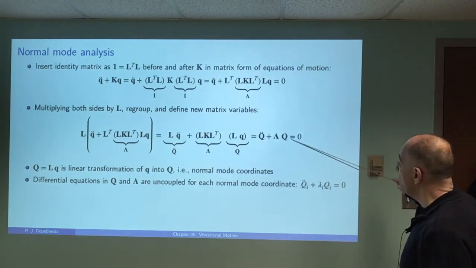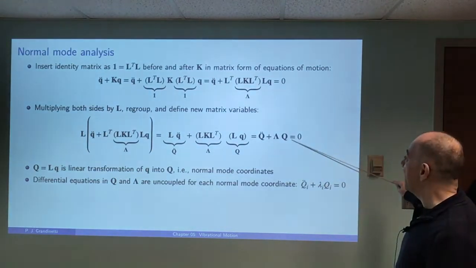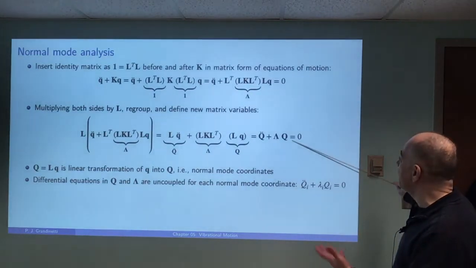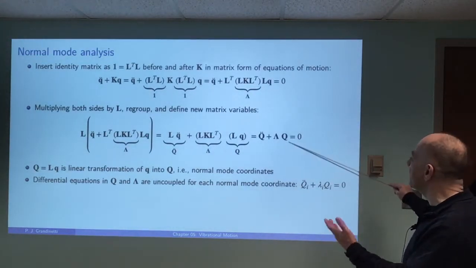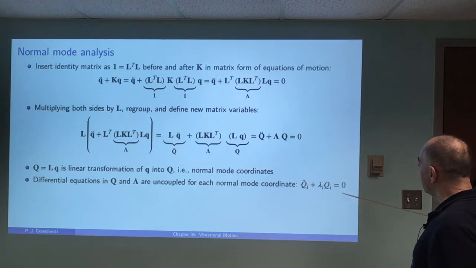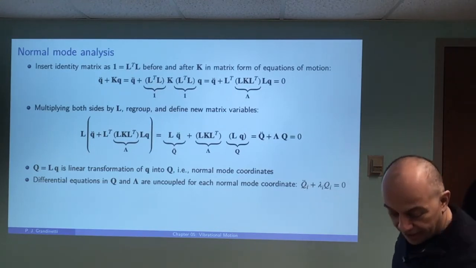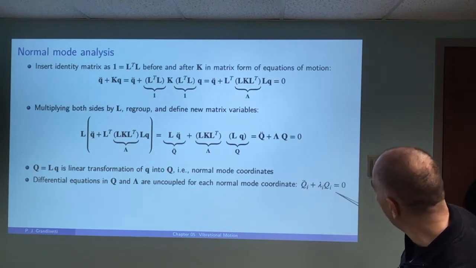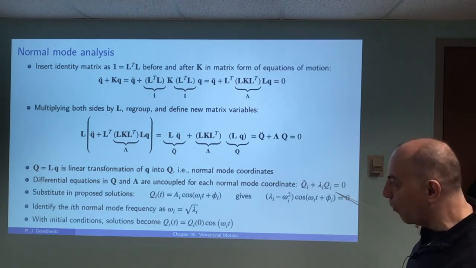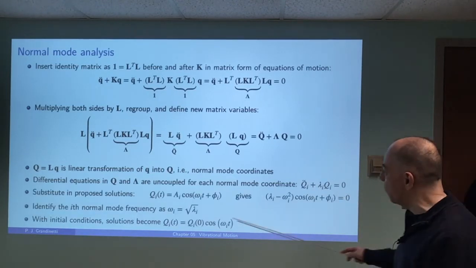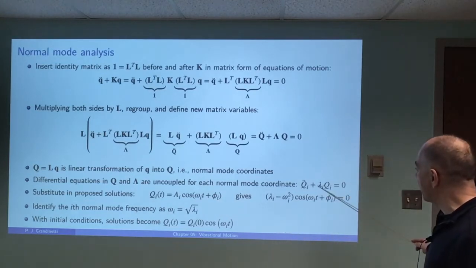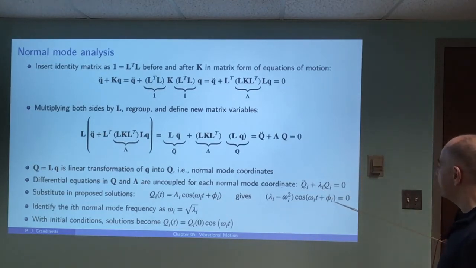So if you expand out this set of n coupled equations, you're going to have n uncoupled differential equations, all of them looking like this here. And of course, once you have this form of your differential equation, we know how to solve this now. We propose a solution, we plug it back in, we get something like this.